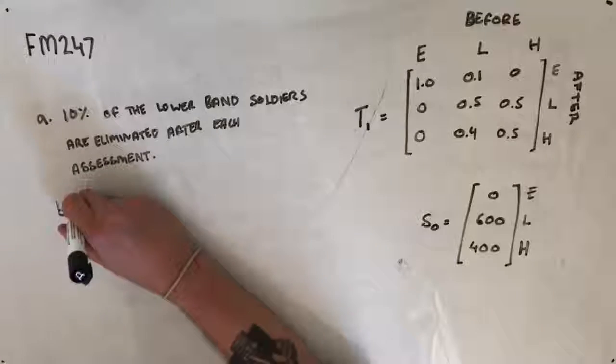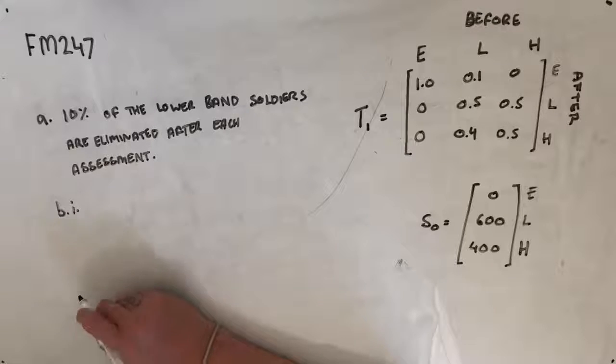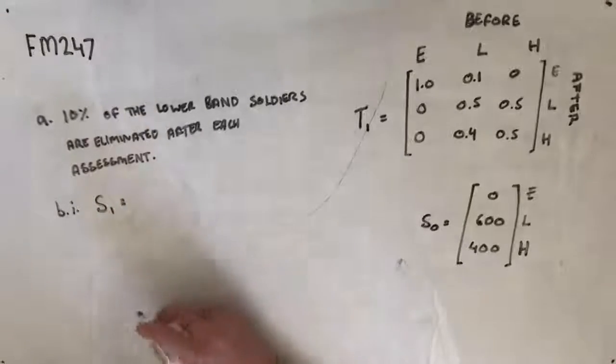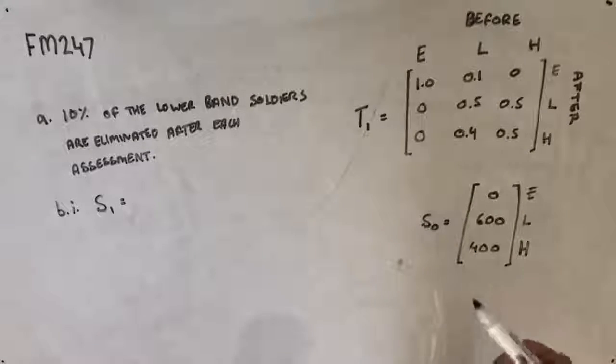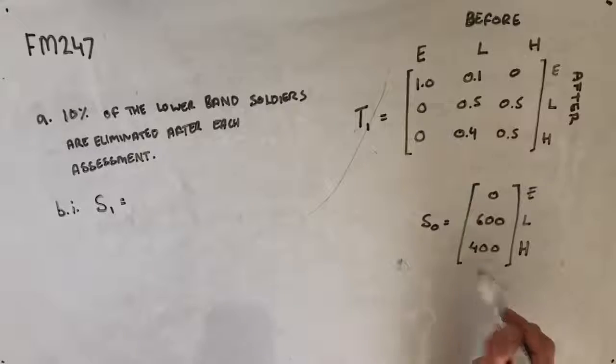Part I then says, write down the matrix S1 that contains the expected number of soldiers at each level after one assessment. Write the elements of this matrix correct to the nearest whole number. So we're looking for S1, which we know should be equal to something to do with the transition matrix being multiplied with this initial state matrix.